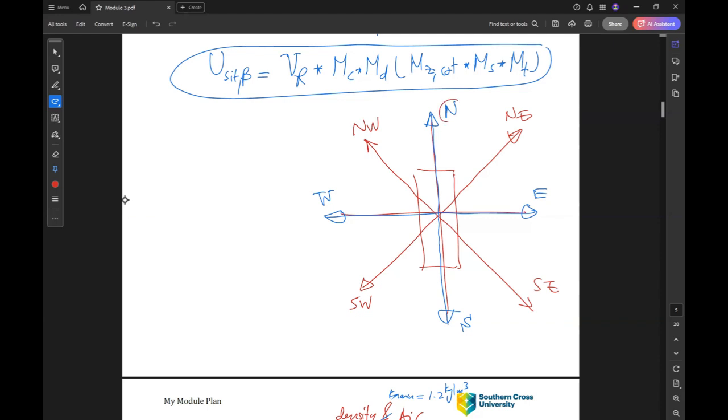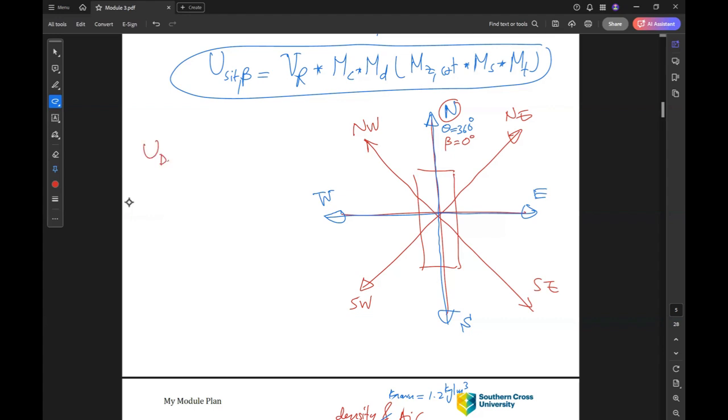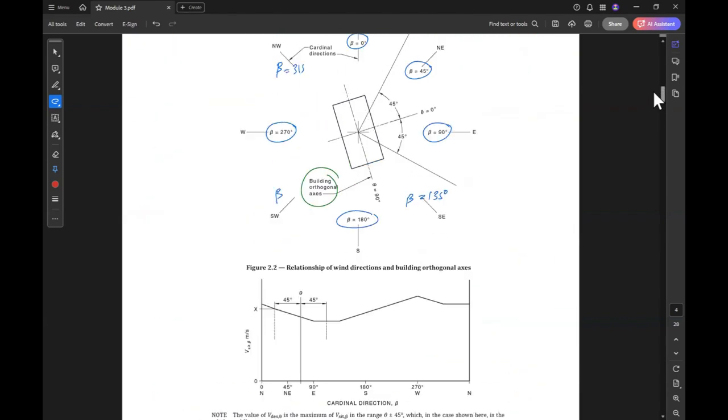For example, if the blue one is the orthogonal, we have theta equal to 360 and beta equal to 0. This means that V design at theta equal to 360 equals V site beta equal to 0 because it is already aligned with it. Okay, so this is generally the idea of calculating the design wind speed.